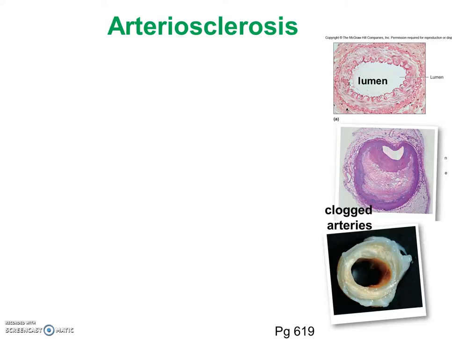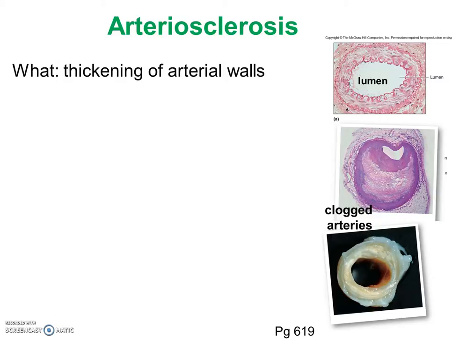So let's take a moment here and talk about a problem when your arteries get clogged. You guys might have heard of arteriosclerosis. This is an issue where the arterial walls get really thick. So, for example, this would be a healthy artery, a nice lumen on the inside. Remember, that's the space in the middle that the blood can flow through.